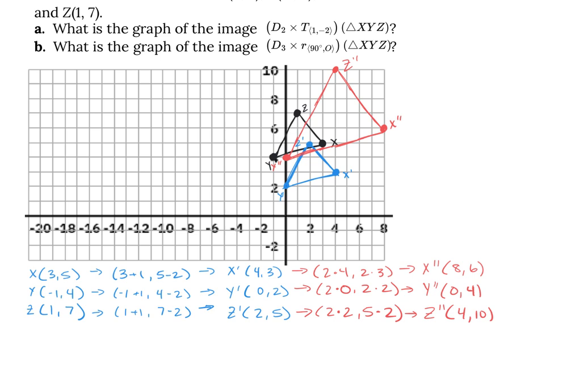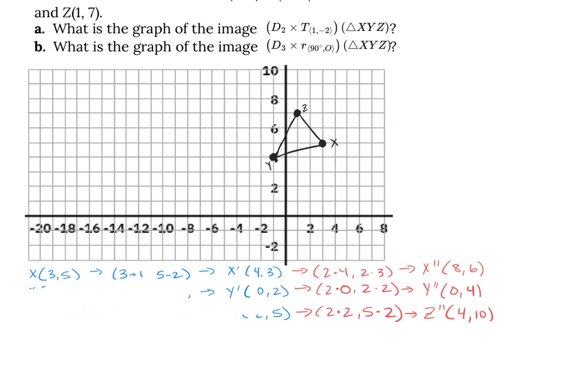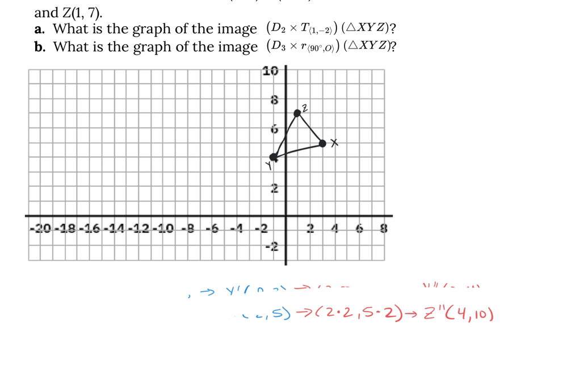Okay, so that was part A. Next we want to do part B. Take a second, make sure that you have everything copied down from A. I'm going to have to erase this so that we can work on B. So we have our original XYZ on there, still graphed.